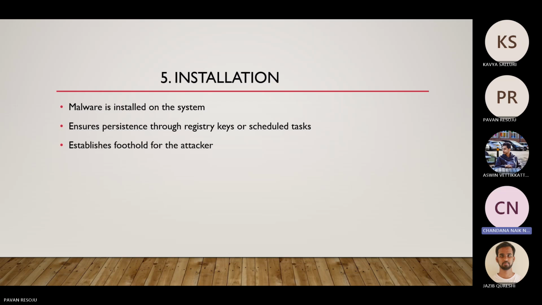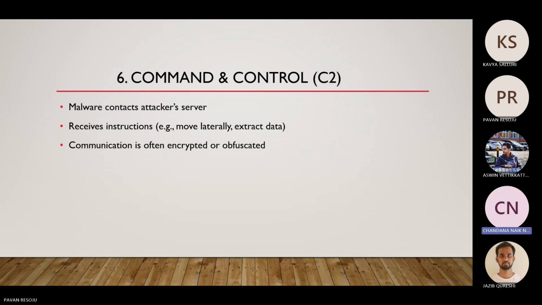Step 6, command and control. The malware establishes a communication channel back to the attacker's server. This allows the attacker to control the infected system remotely. It often uses encrypted traffic or blends in with normal network activity to avoid detection.